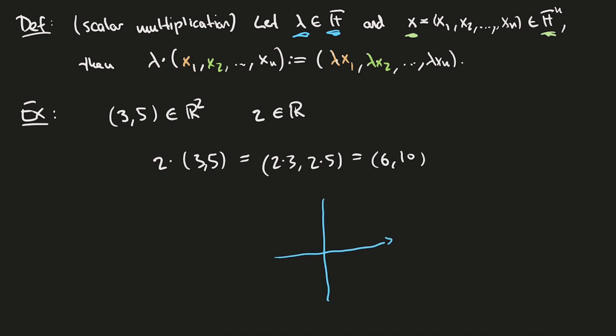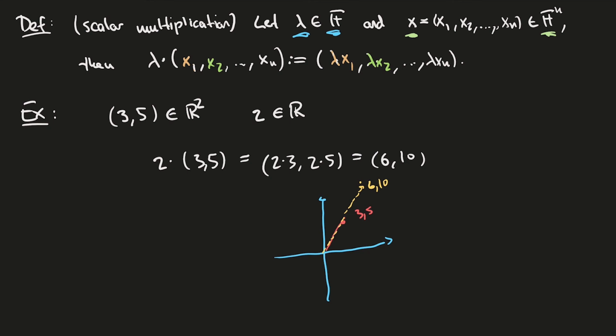Geometrically, if we have our vector (3, 5) somewhere around here, then the result of multiplying (3, 5) by the scalar 2 is the vector (6, 10), which is roughly up here. And so we see that this just corresponds to stretching out our original vector by a factor of 2.